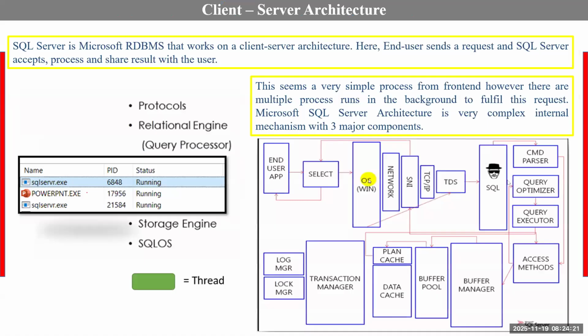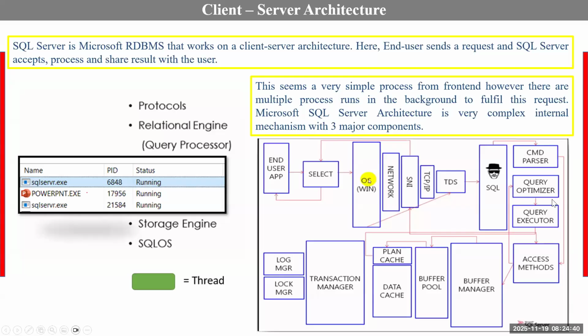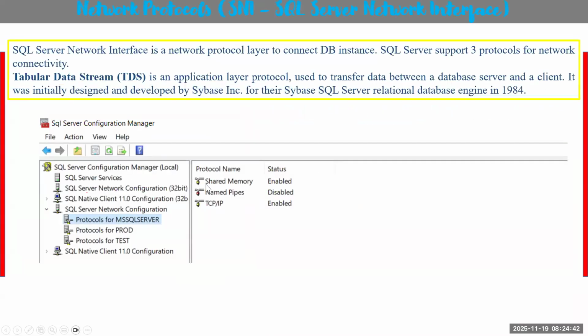Your connection, even this select statement, is encrypting in the background, in the form of network packets, and going and authenticating to the engine. While it is connecting to the engine, there are three types of protocols: one is shared memory, one is named pipes, one is TCP/IP.